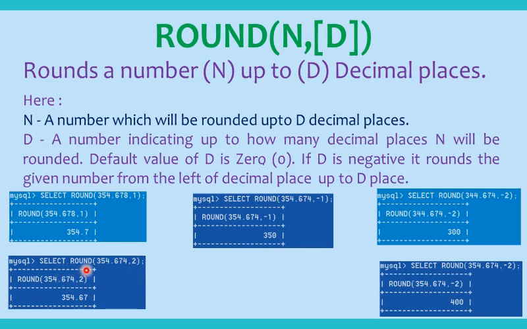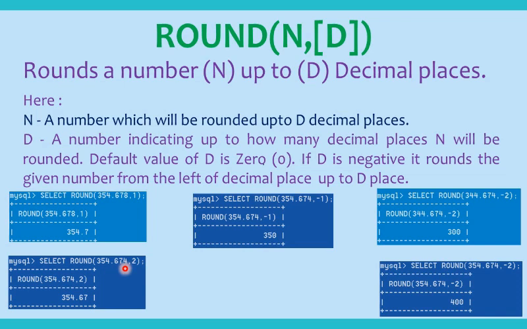See the next example. Select round 354.674, 2. Here this number is rounded up to 2 decimal places. It means we need in the output only 2 digits after the dot, means 6, 7. It means 4 will be removed. It is not required now. Only up to 2 decimal places we want in the output. So 4 is lesser than 5.